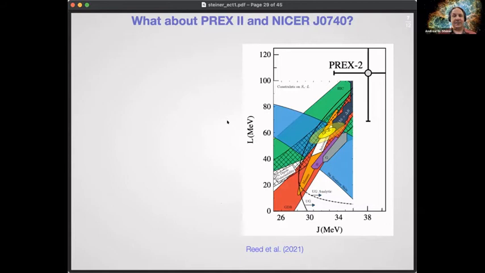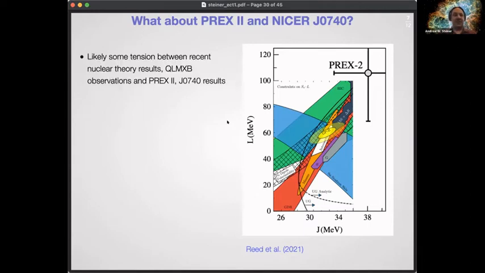Chuck gave a very excellent explanation of this result, and because my particular niche is combining these electromagnetic and gravitational wave observations, I wanted to point out that there's likely some tension. You see a little bit of tension here between G and H, our nuclear theory results on J and L. And so these small values of L tend to suggest smaller neutron star radii.